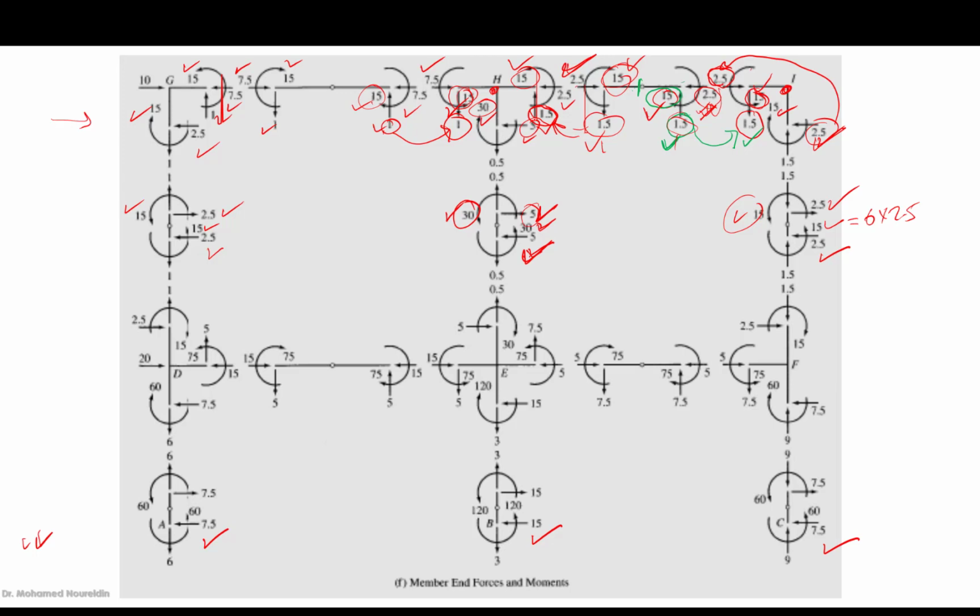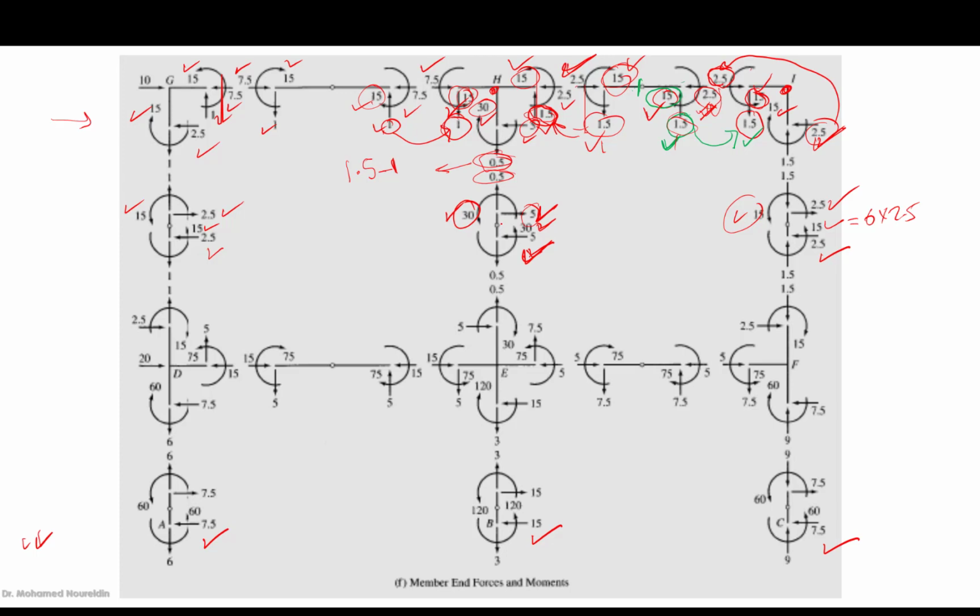Sorry, this is 1.5 and this is 1. So this vertical load, from summation of y, equals 1.5 minus 1. So we have 0.5 here and another 0.5, which is going to help us in the axial force.